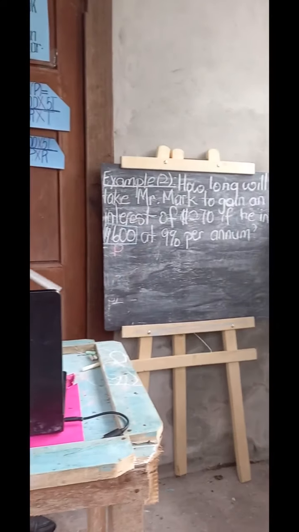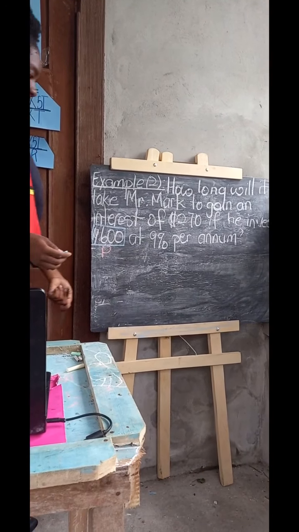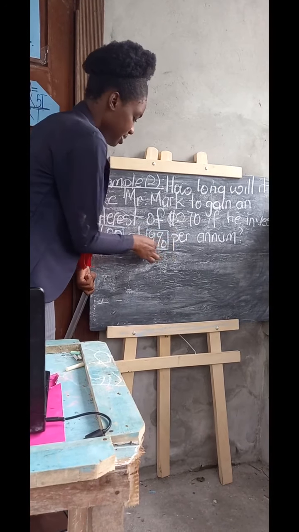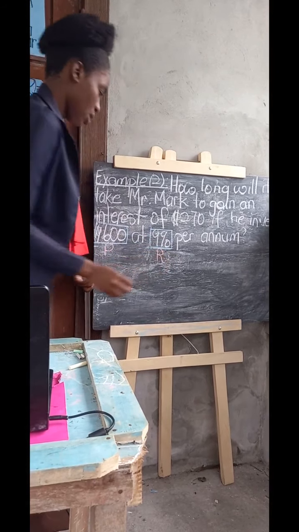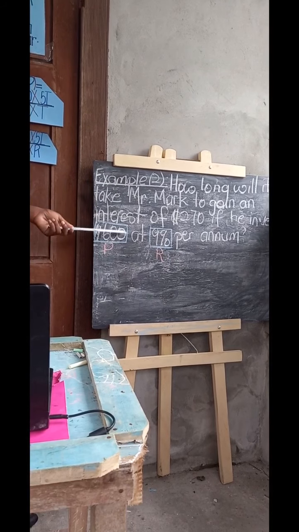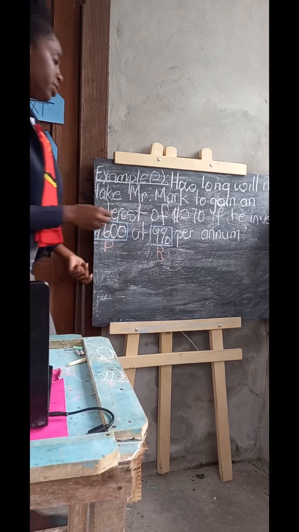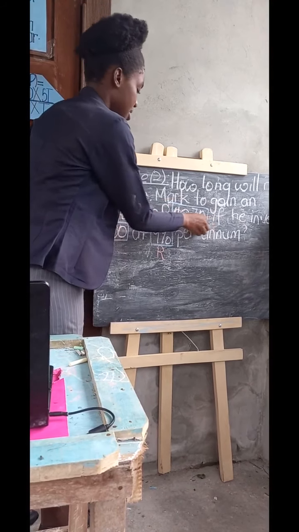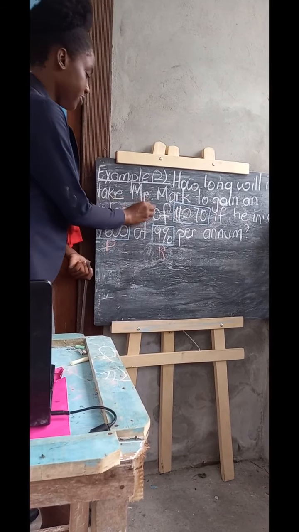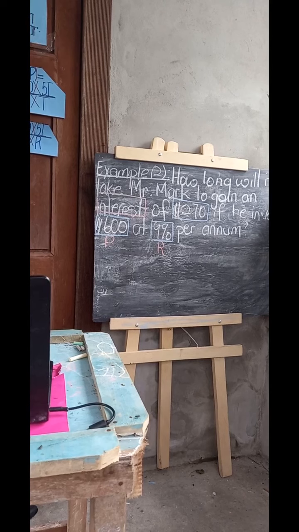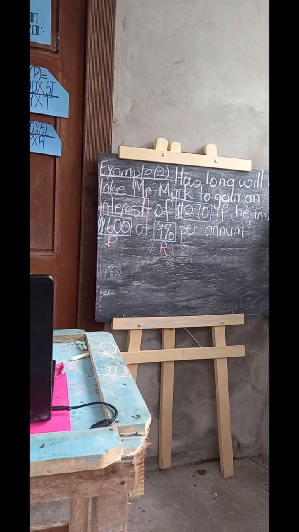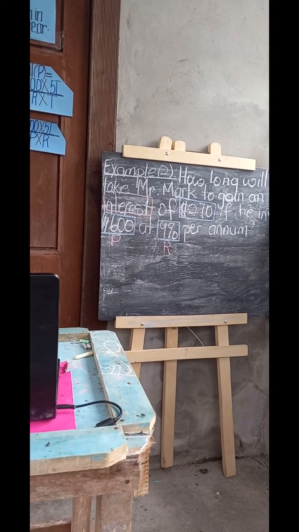9% per annum. What is this? Good. This is the rate. And an interest of $270. Well, this is stated that it's the interest. Good. So what is the formula to calculate time?